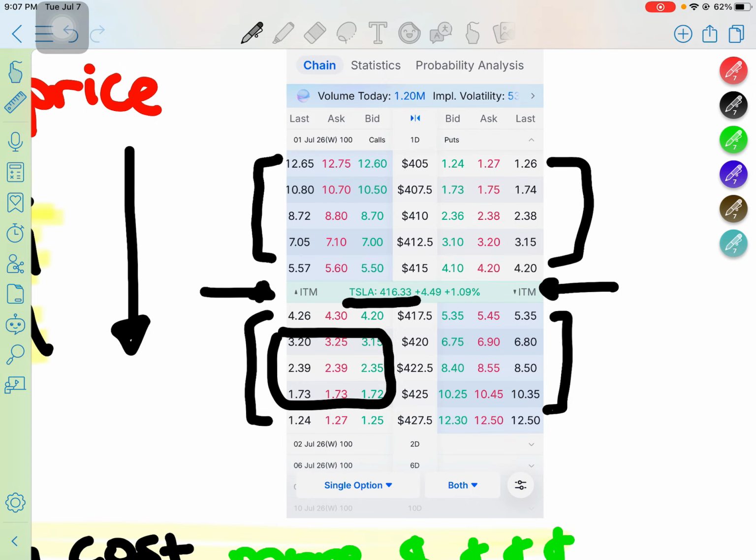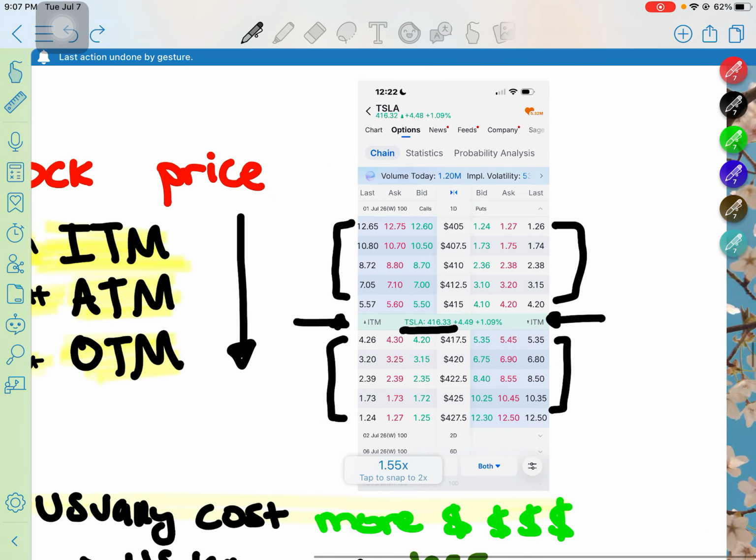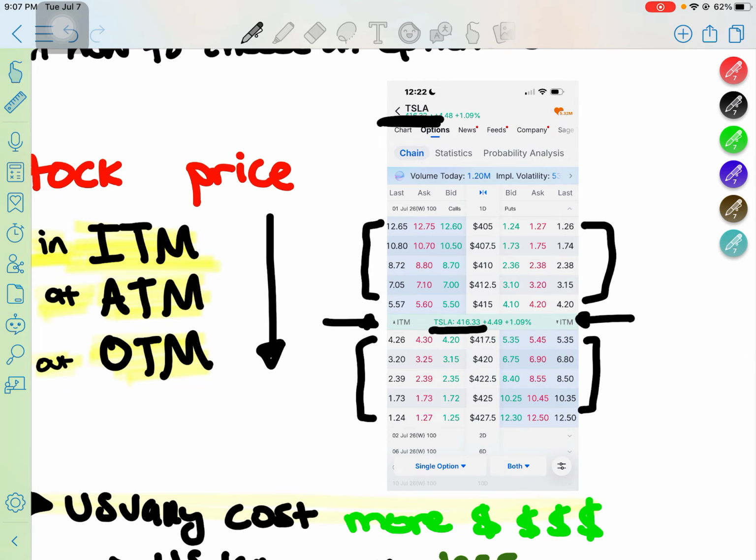So remember that every single contract represents the exact same stock. We have not moved from the Tesla options chain page. Every single contract is going to represent the exact same stock. The only difference is how that contract is actually put together.